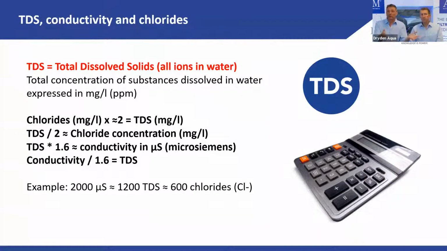If you add salt to the water, sodium chloride, 1 gram of salt in 1 liter of water, then you add 1,000 milligrams of salt. One gram is 1,000 milligrams. You add 1,000 ppm or milligrams per liter of salt. The TDS will go up by 1,000.